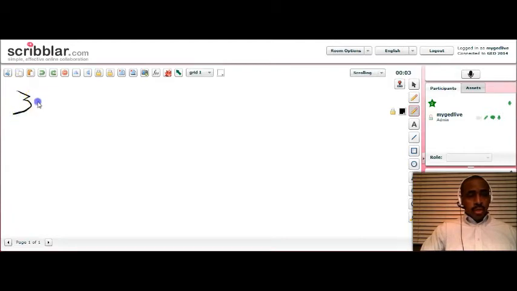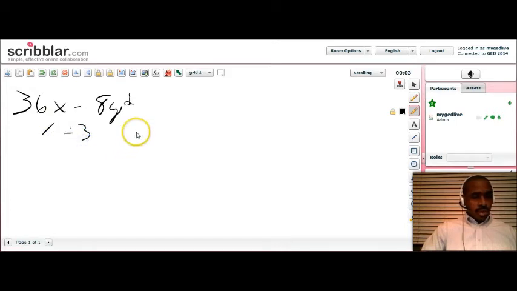So you would go ahead and write 36x minus 8y squared. And then we know that x equals 3, and we know that y equals negative 6. So then we would go ahead and plug in these values.